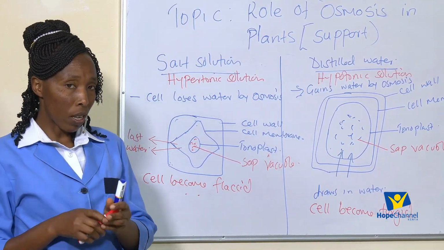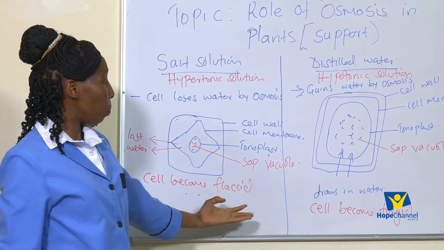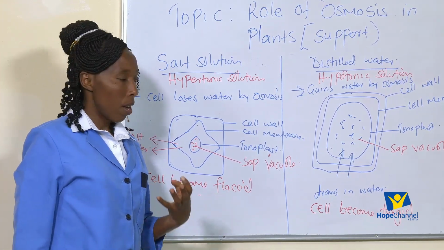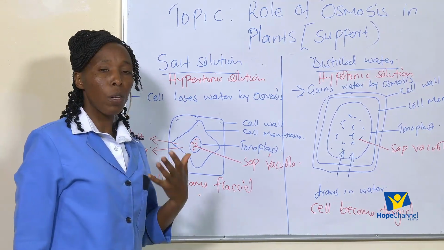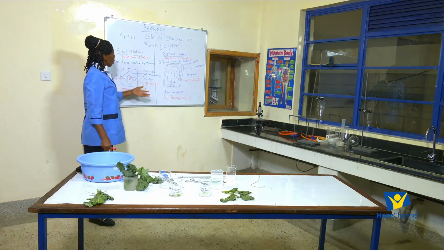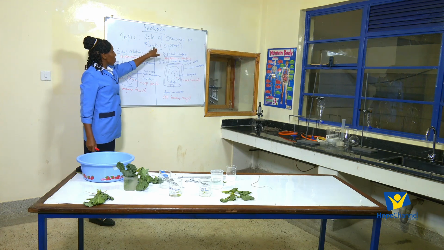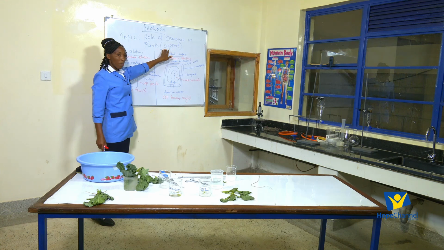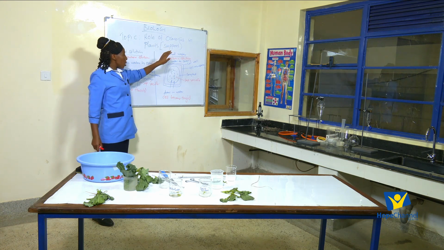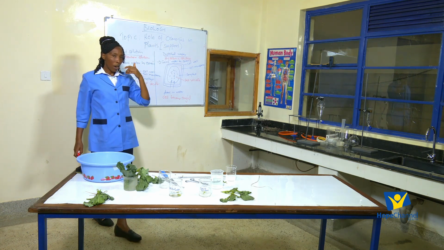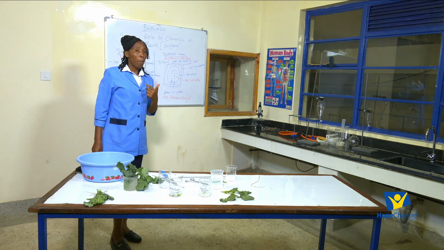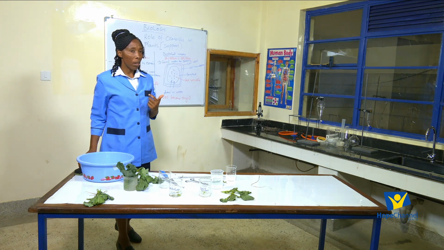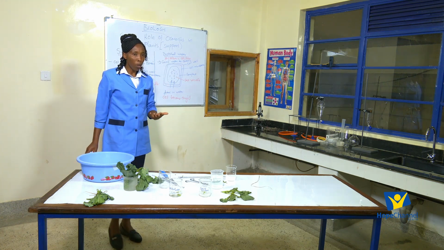So in those two cases, we are saying that plants need what? Plants need water. The cells of the plants need to be turgid. That's why we are saying the role of osmosis in plants, especially in the part of support. If you talk about the herbaceous plants, plants that do not have a woody stem, how do they attain their support?